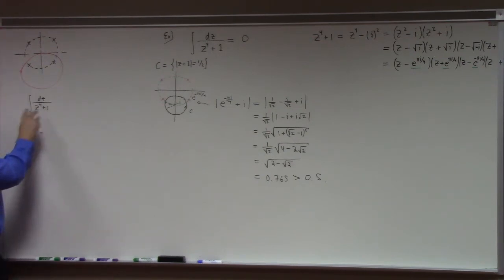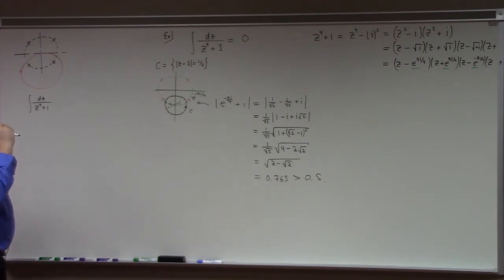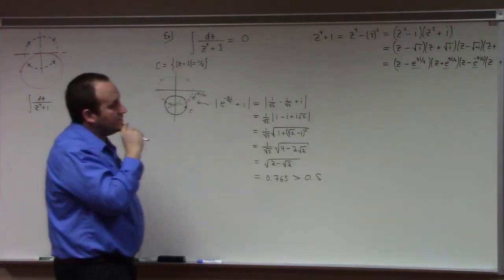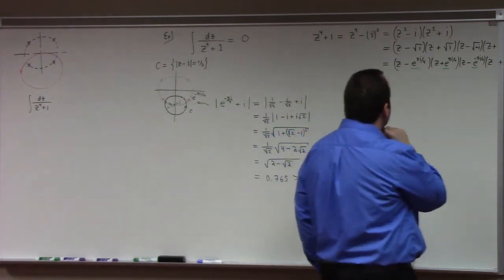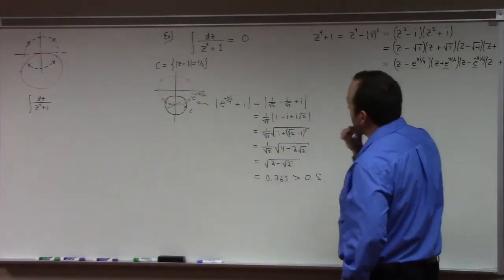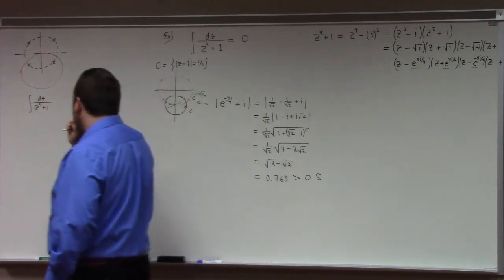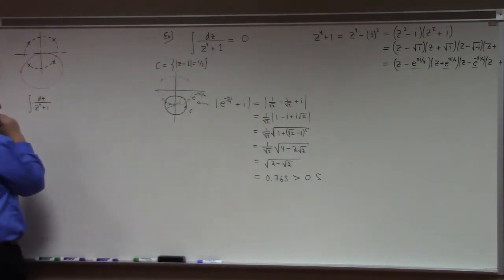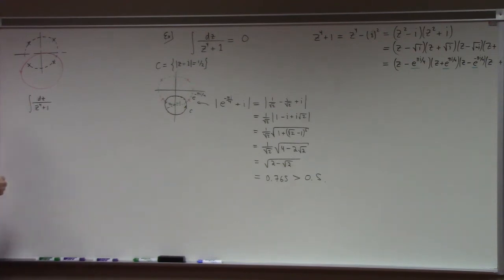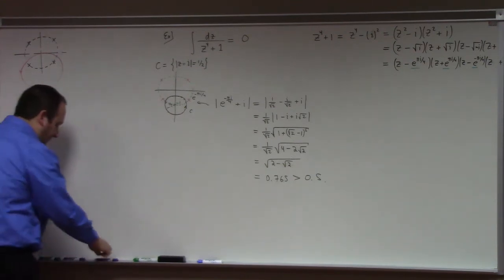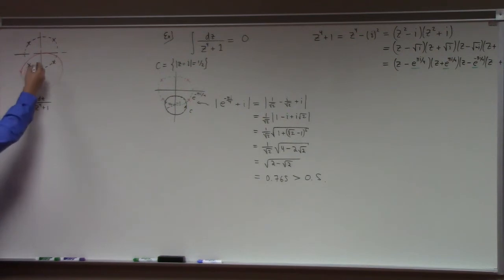So we've got z squared minus i over z squared plus i. I think I'm going to use the other idea rather than partial fractions; we'll talk about that some other day.